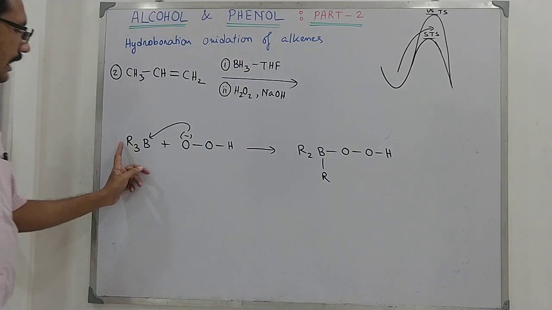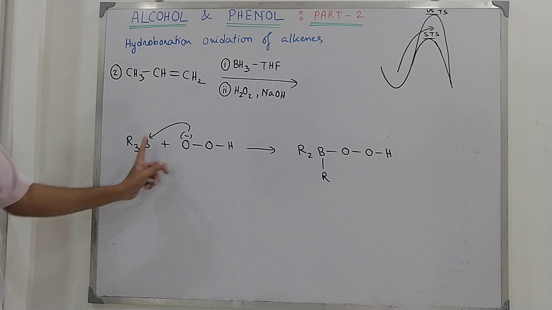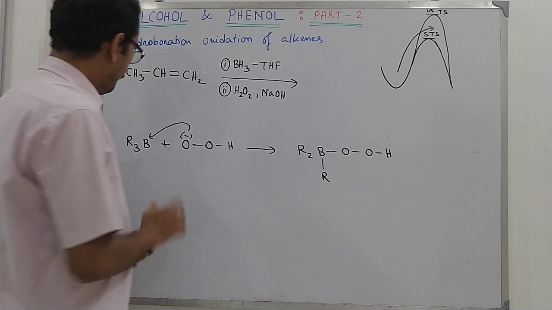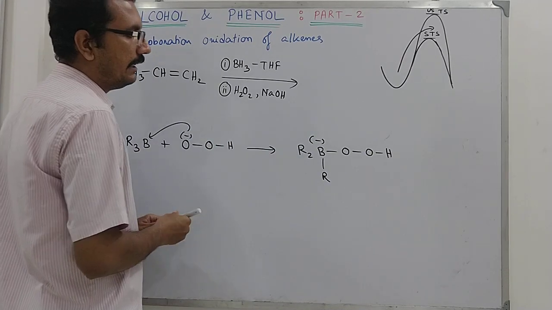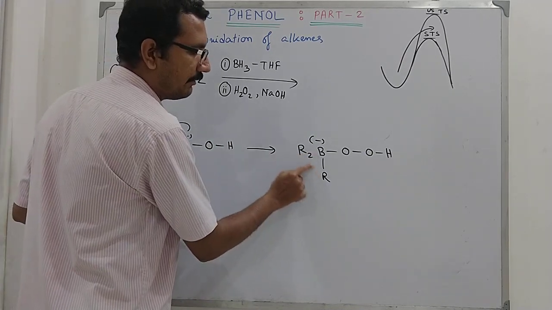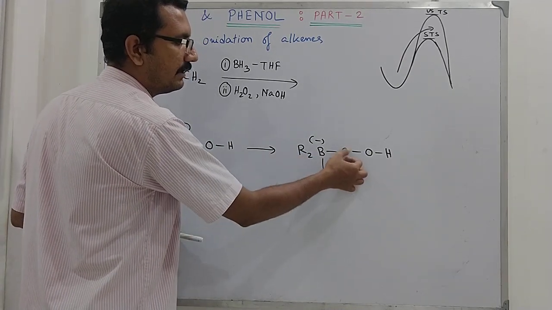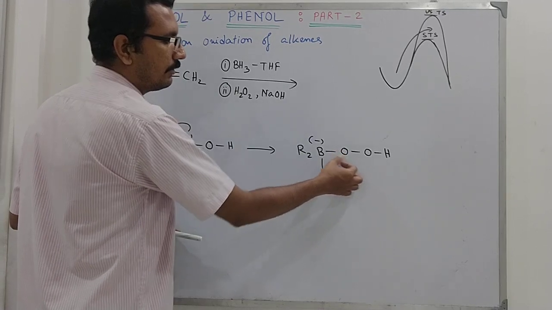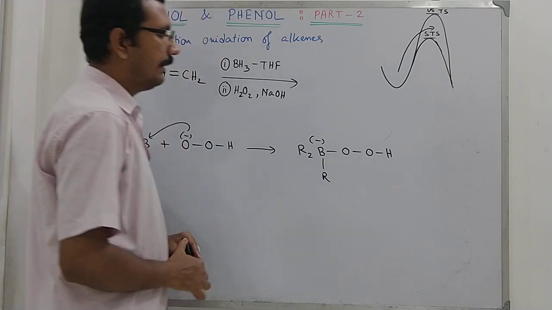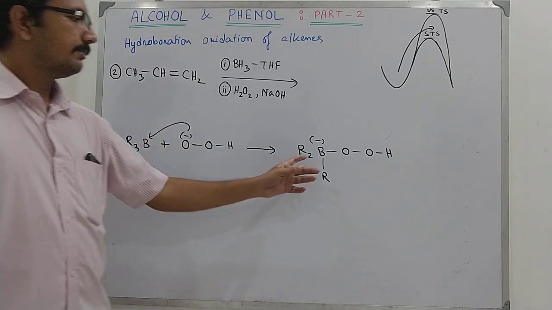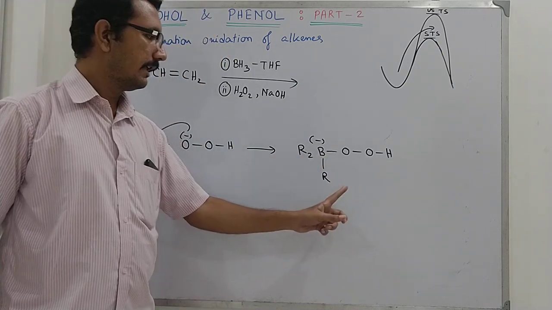Now, so we have R3B here, and this O minus is attacking at this electrophilic site. So we have a minus here. Now it will get 5 plus 3 equals 8, and a lone pair from this oxygen atom, so it will be 8 plus 2 equals 10. Now this molecule is able to attain the electronic configuration of the nearest inert gas.